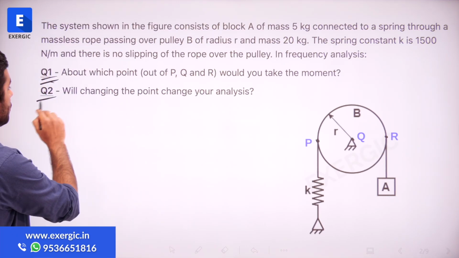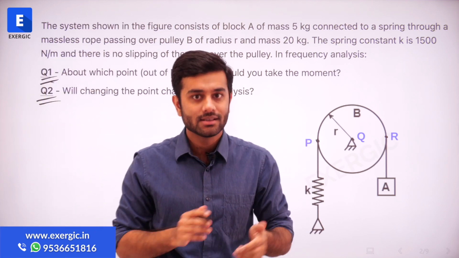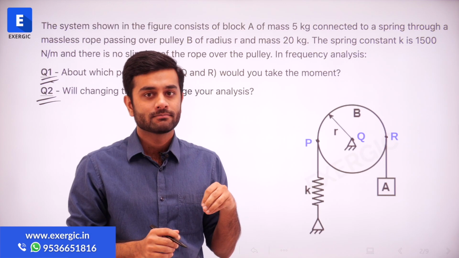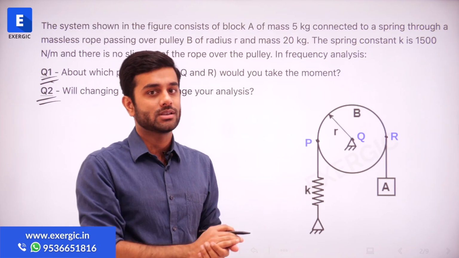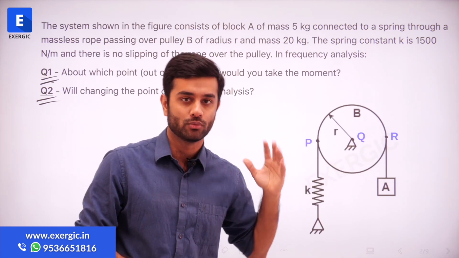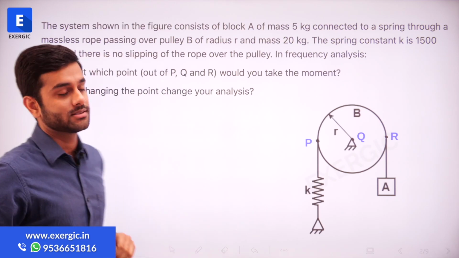And question number 2: will changing the point change your analysis? Means if I choose to take the moment about P, and then in the next approach while solving the same question I choose to take the moment about Q, will it change my analysis or not? These are my 2 questions.